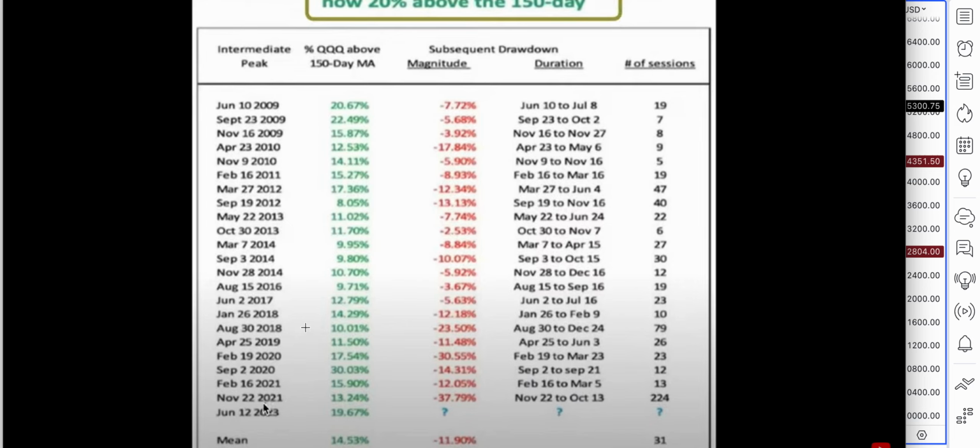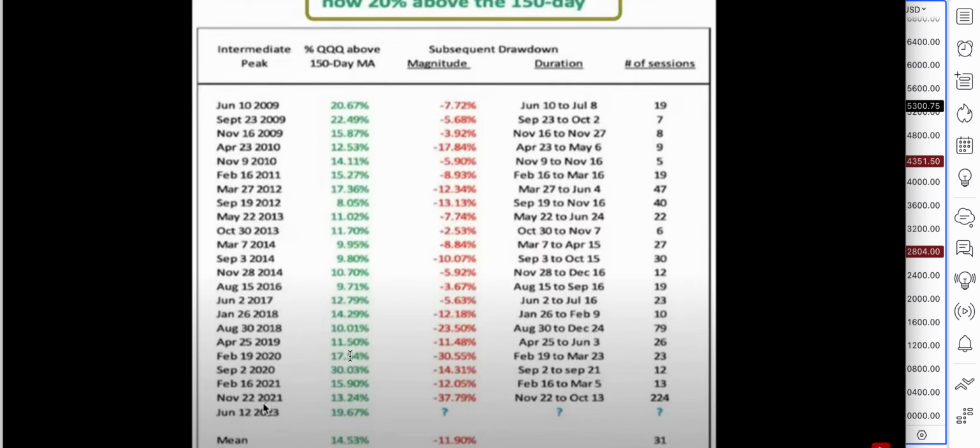One of the interesting ones is August 30, 2018. I believe during this period, the Federal Reserve started to talk of quantitative tightening, which perhaps they did, and perhaps they may even have raised rates, but don't quote me on that one. But that led to a minus 23.5% decline in prices.